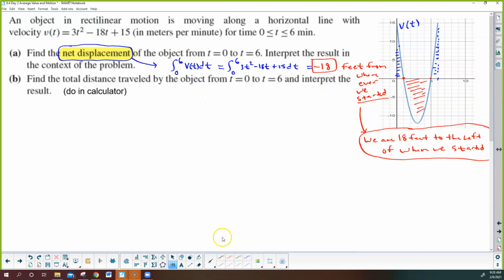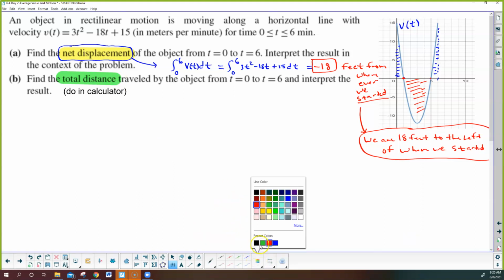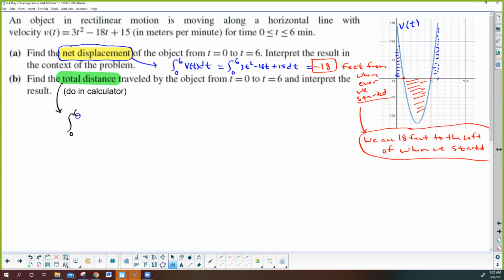All right, last one, really quick. We're going to do this in our calculator as well. This one says find the total distance traveled from 0 to 6. And this one I have to show you how to do absolute value in your calculator. So please make sure you pay attention to this.